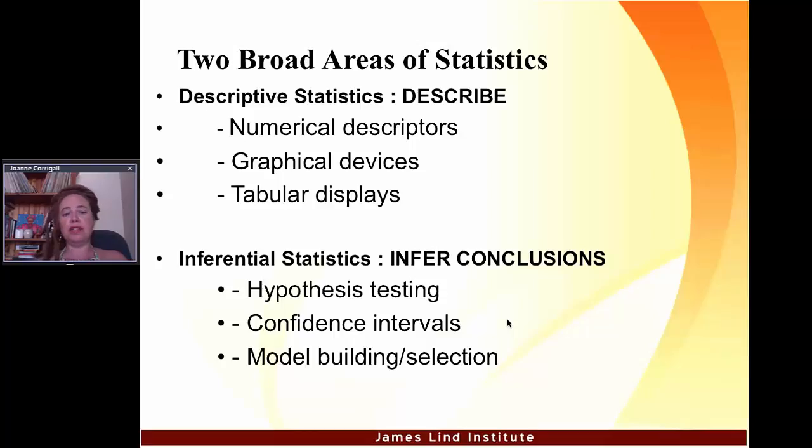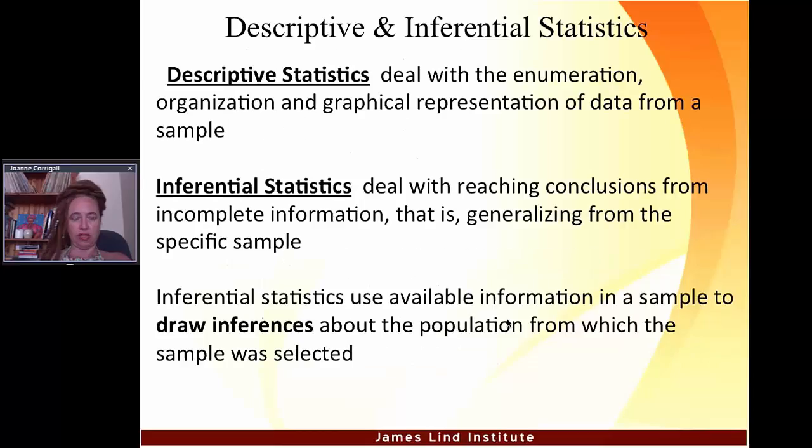So that's an inference. And then we also look at whether there is any relationship between two variables, such as an exposure and an outcome. We're going to go through both of those in detail as we go through the lecture. Descriptive statistics deal with the enumeration, organization, and graphical representation of data from a sample.